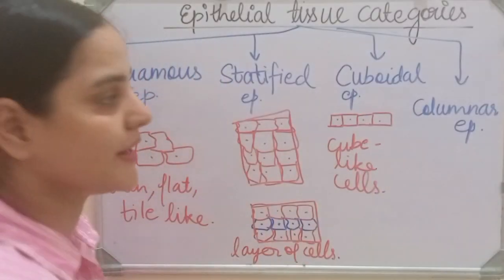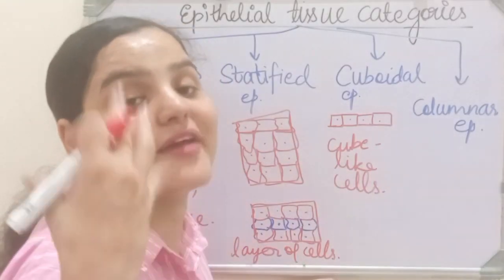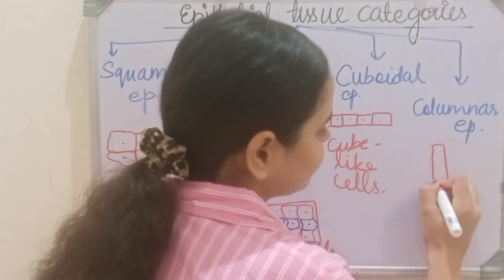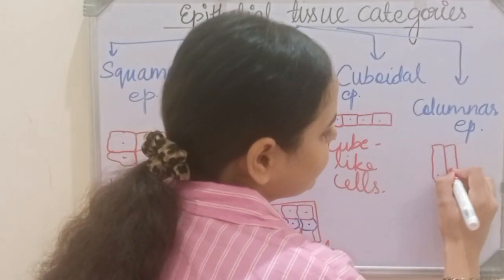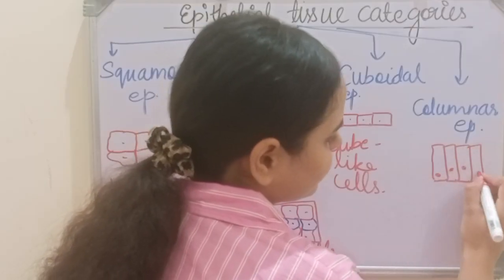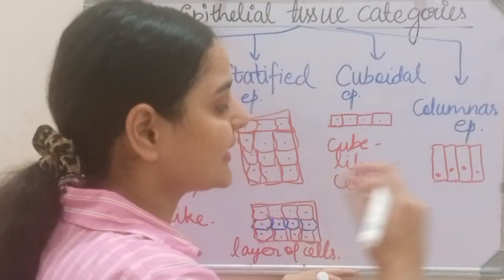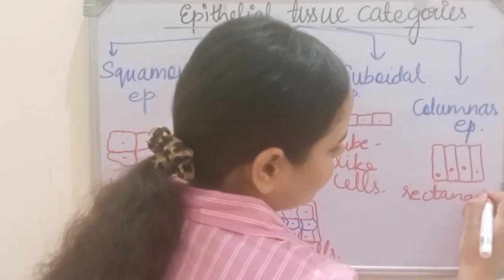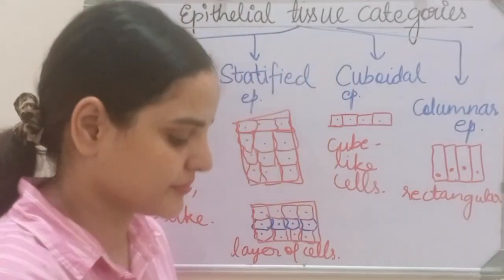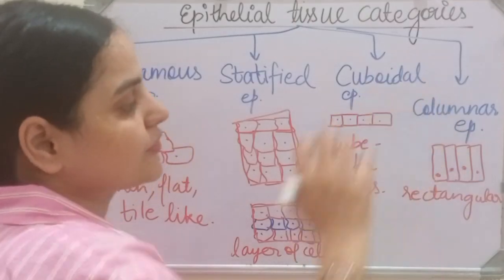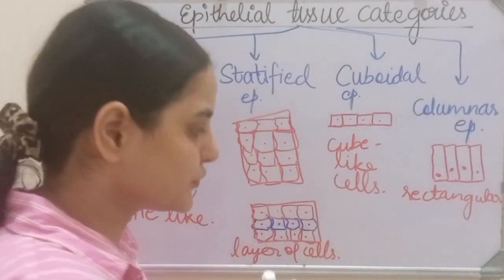Okay, in columnar epithelium, the cells are very tall. They are rectangular in shape. This is how they look. See, the cells are very tall. This is the nucleus inside, okay? They are very tall, rectangular or columnar in shape.